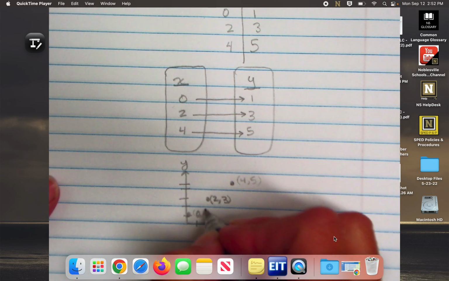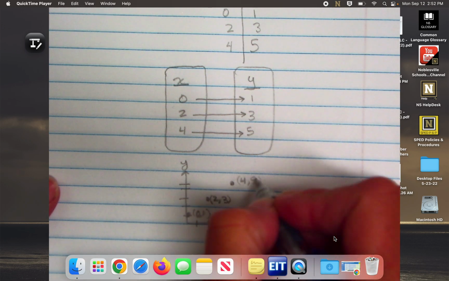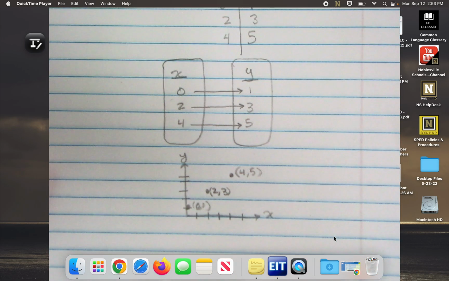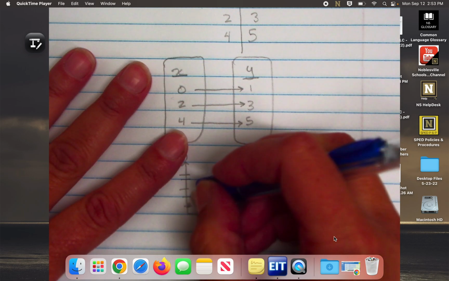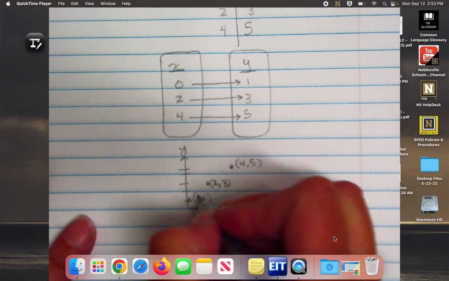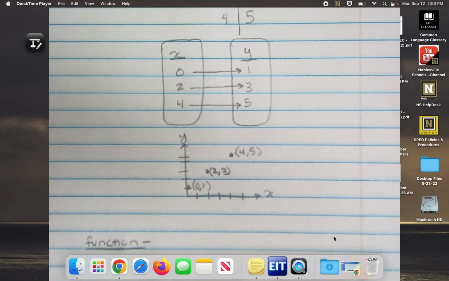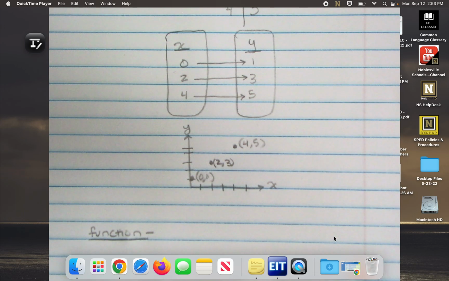What we're going to do today is decide, is a relation a function? So then we have to talk about, well, what is a function? Does anybody remember from the Ed puzzle what makes something qualify as a function?